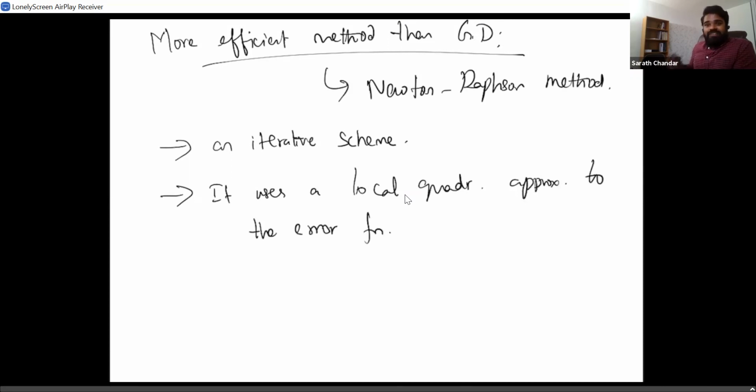Even though the error function is not quadratic, Newton-Raphson makes an assumption that locally the error function is quadratic. So the moment you say that this is locally quadratic, you can solve it in one step and you reach the minimum. Now from wherever you reached, again, you make another quadratic assumption, reach the minimum, and you continue. So that is the idea.